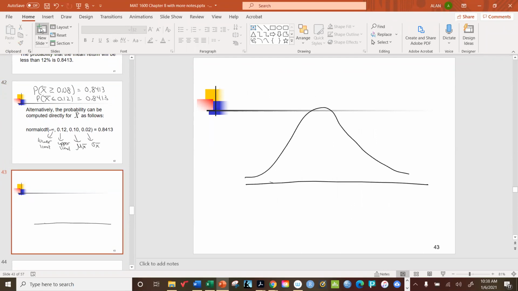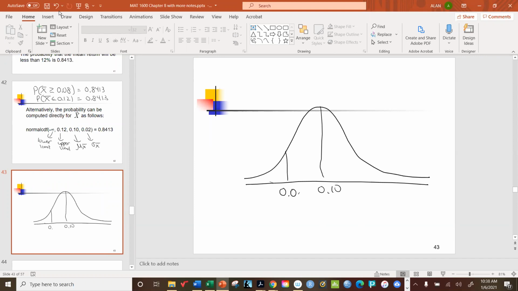If the mean is 10, here's 8, here's 12. So what's happening is that this is one standard deviation above the mean, and this is one below. So let's see what I can do here.